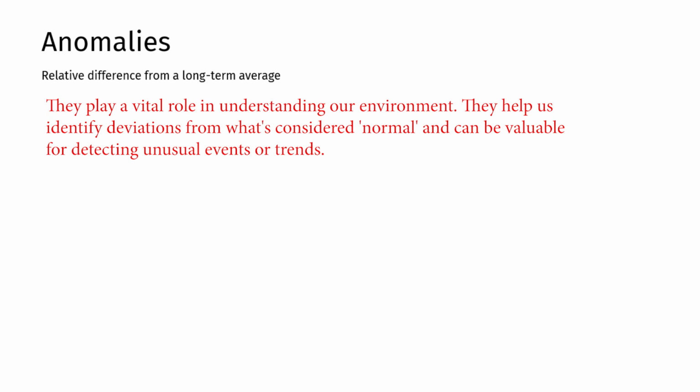Okay, so another way we study Earth's changes is by examining anomalies. Anomalies are essentially variations from the long-term average, and they play a vital role in understanding our environment. They help us identify deviations from what's considered normal and can be valuable for detecting unusual events or trends.